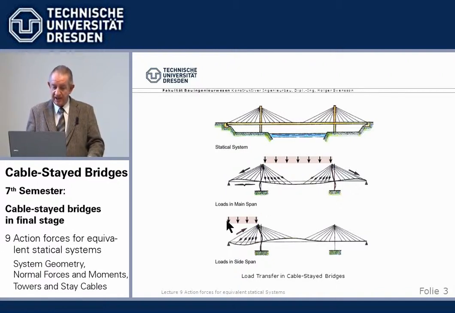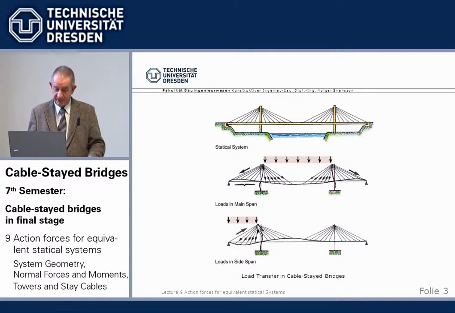If we have the live load in the side span, we have an interesting phenomenon which you must always be well aware of. How is the flow of forces for a side span loading? Of course, again, in tension in the cables, the loads go up to the tower head.